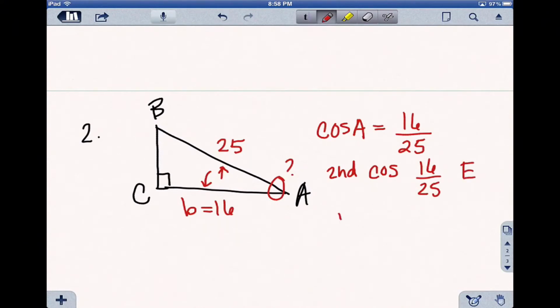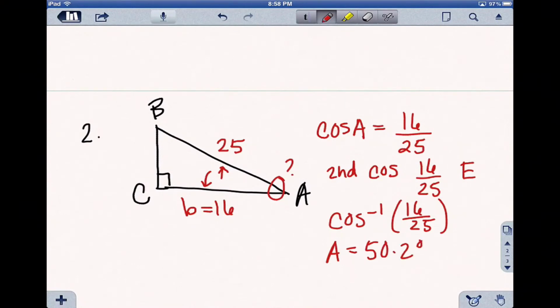Really you're working with the cosine inverse of the ratio 16 over 25. To the nearest tenth, the measure of angle A should be 50.2 degrees. We know to use the cosine because in relation to the acute angle A, we had an adjacent length and the hypotenuse. Could use the inverse functions, but really no need for that.